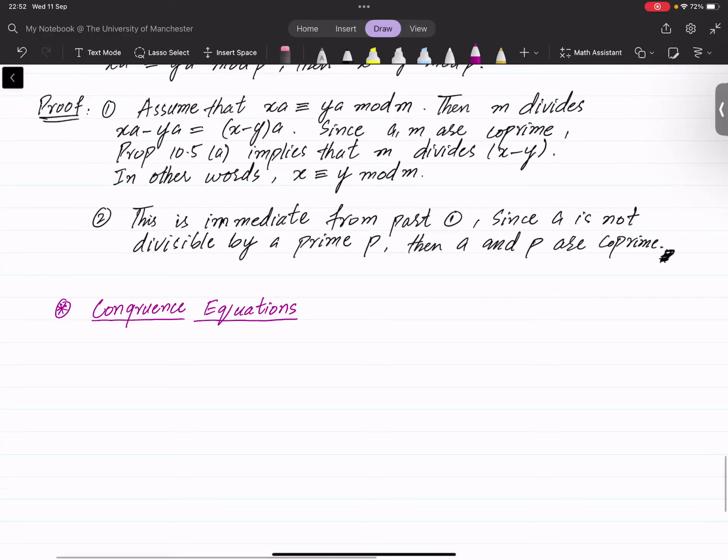Okay. So let m be a positive integer and a, b are integers.